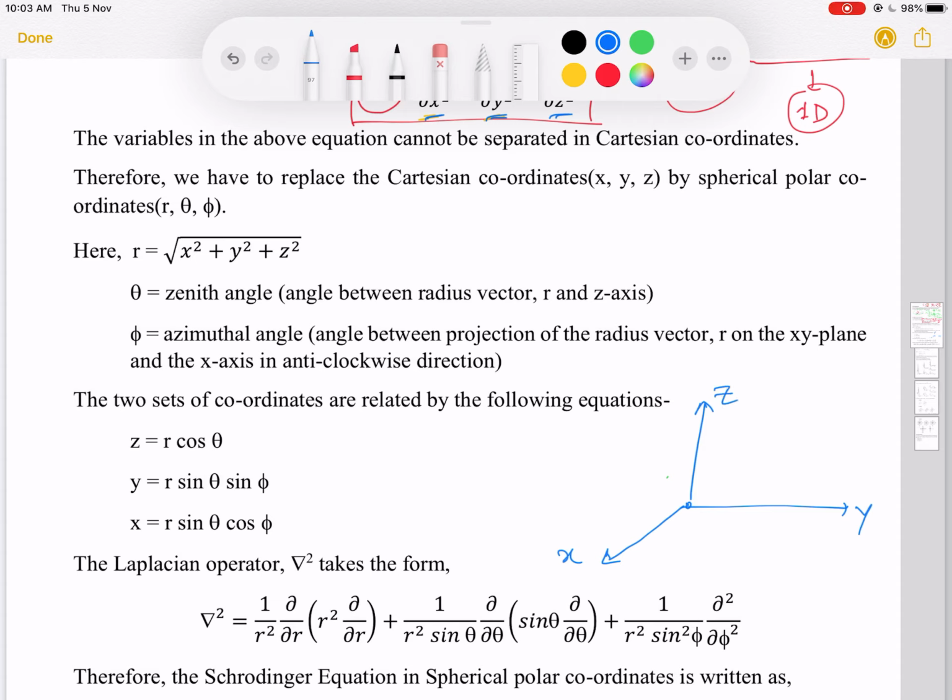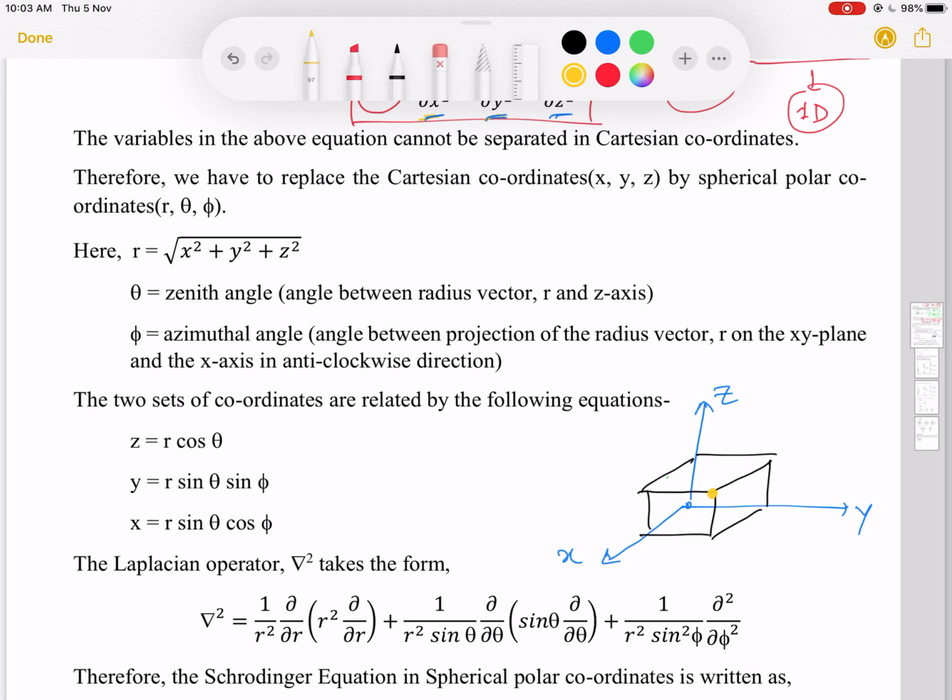Now you see this, if we just draw a cube, just give me a minute. Say this is a cube. Now if we take this point, it is equidistant from the x axis, y axis and z axis.